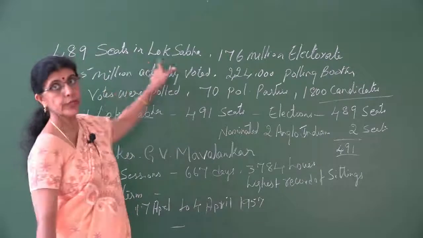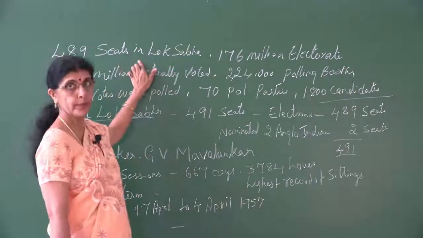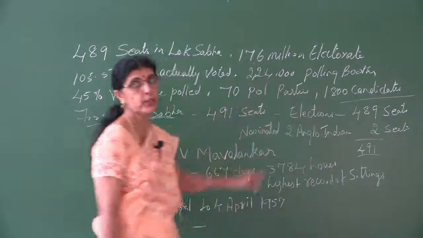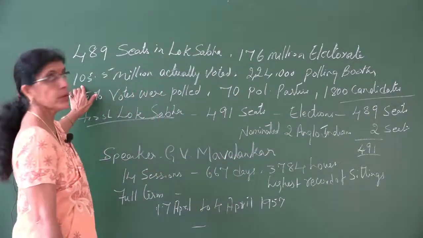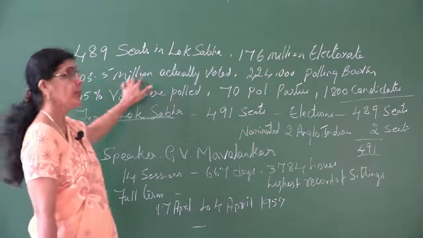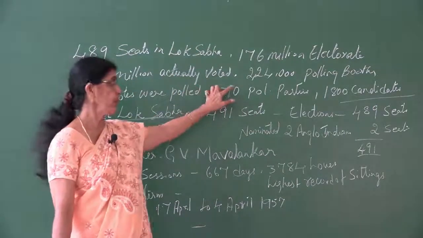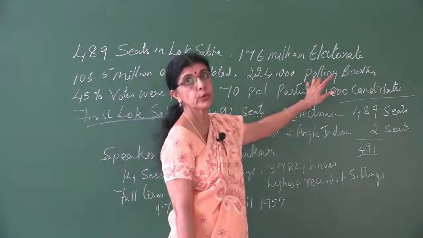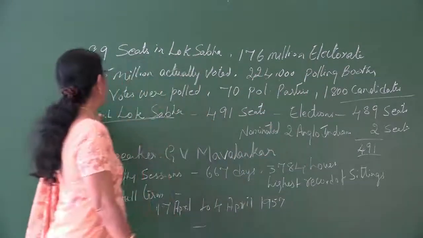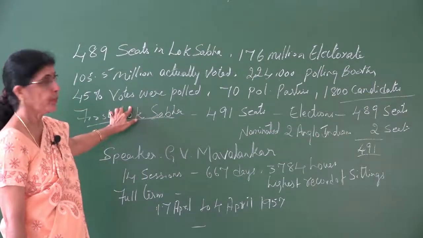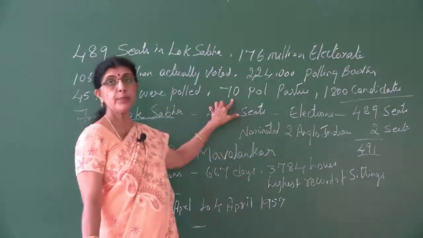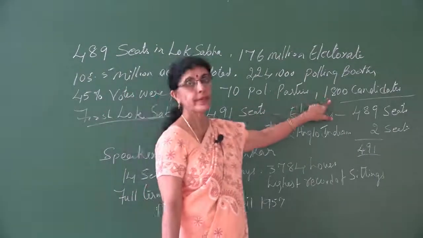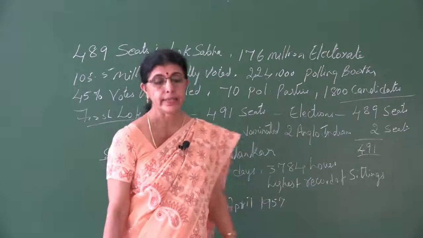There were 489 seats in the Lok Sabha, and for that there were 176 million electorate. 105.5 million people actually voted. 224,000 polling booths were there. 45% of votes were polled. 70 political parties existed at that time itself, and there were 1,800 candidates.